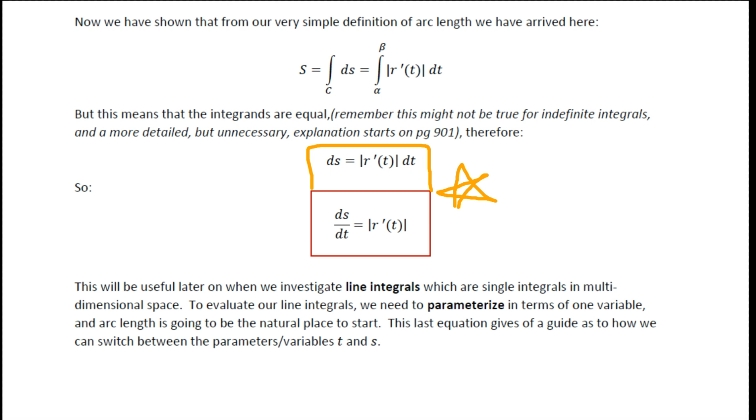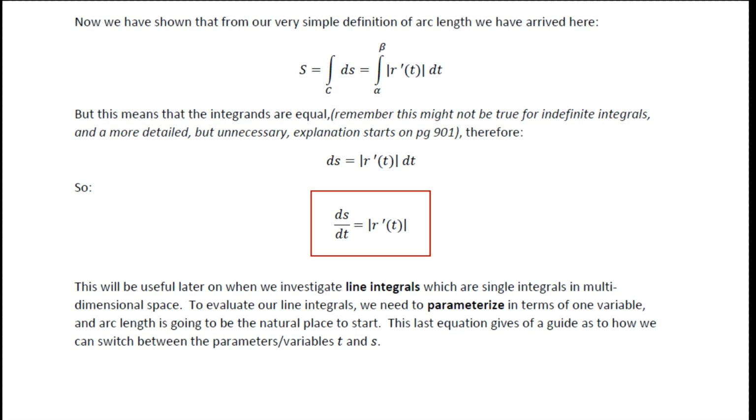And so the most natural place to start is to actually choose arc length and choose ds as that parameter. And how do I relate ds and arc length to, well, a vector function given in terms of t? This is the formula. This is how we're going to do it. This formula will be showing up quite a bit when we first start our unit on line integrals and vector calculus. So please keep that in mind.